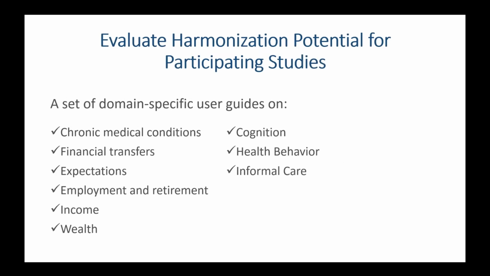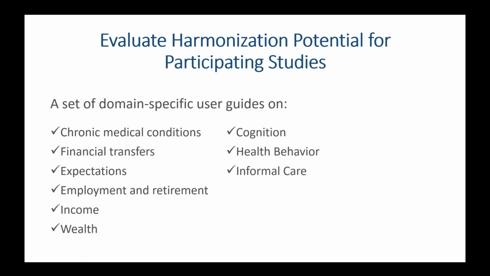So one of the things that we did here at our center is we developed a set of domain-specific user guides. So currently these are the user guides that we have available. And these user guides are helpful if there's a particular research topic you're interested in and you want to know how this question was asked in different surveys.